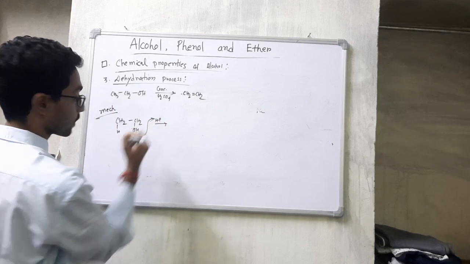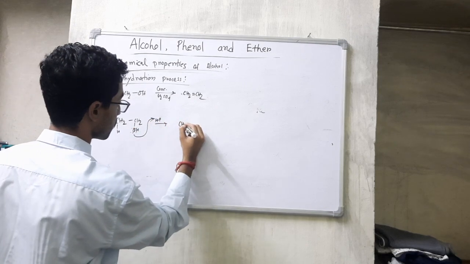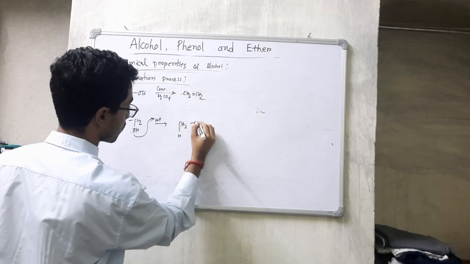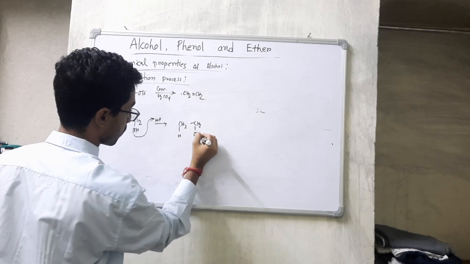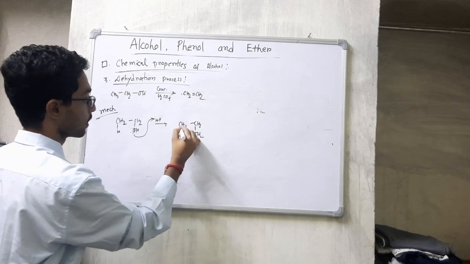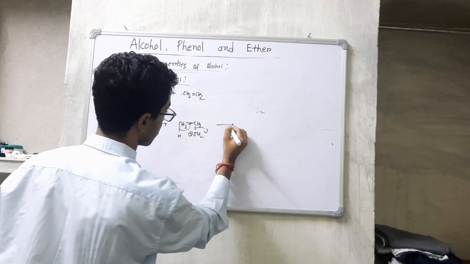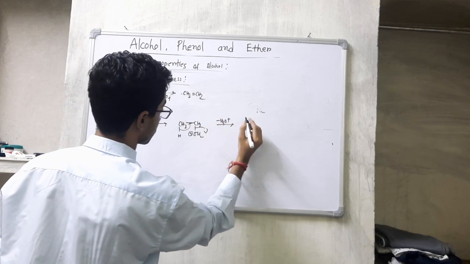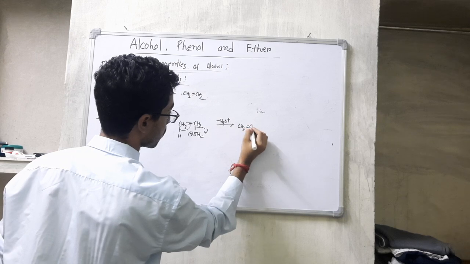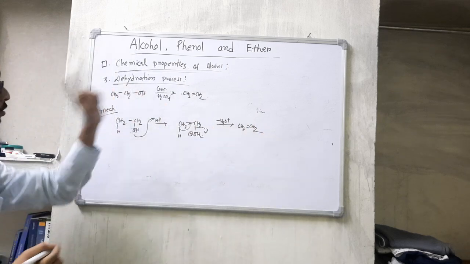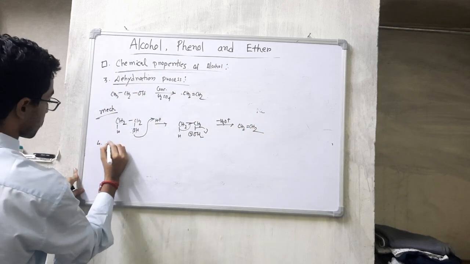OH simply captures the H plus. OH2 plus is a good leaving group, and with this hydrogen there, water is eliminated, minus H3O plus. So this is the dehydration process.